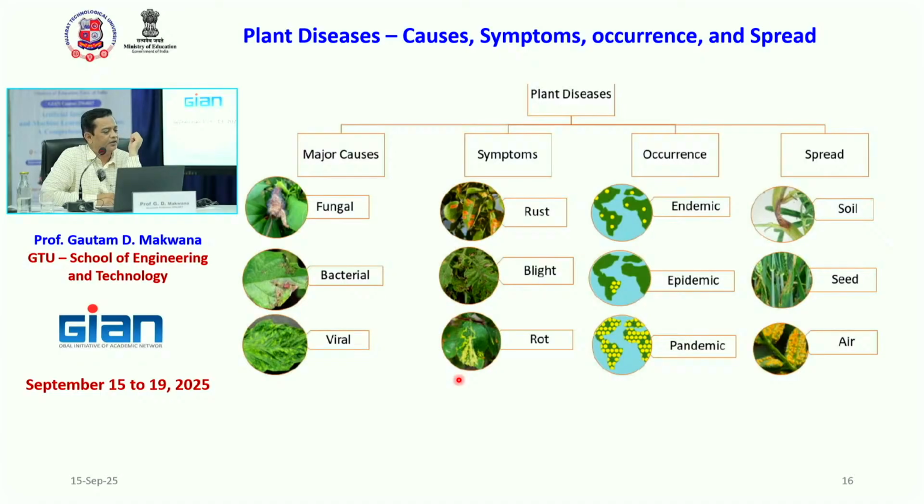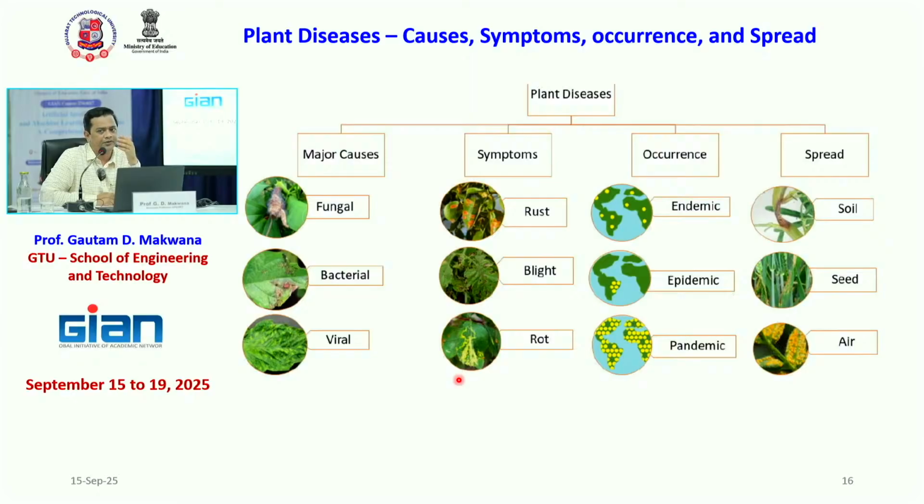And we have seen different symptoms: rust, blight, and rot. These symptoms will be either on the surface of the leaf, maybe on the surface of the fruit, or on the surface of the stem, or maybe the surface of the root.